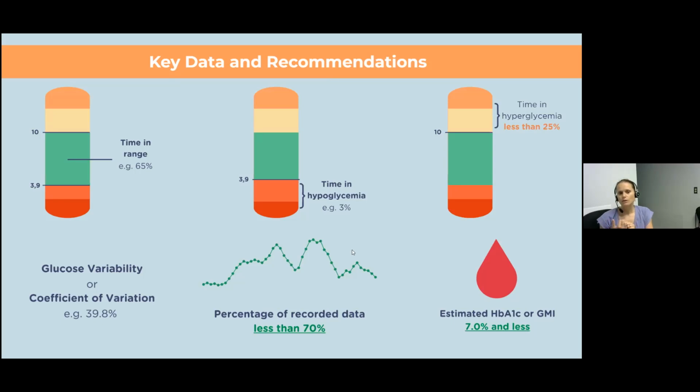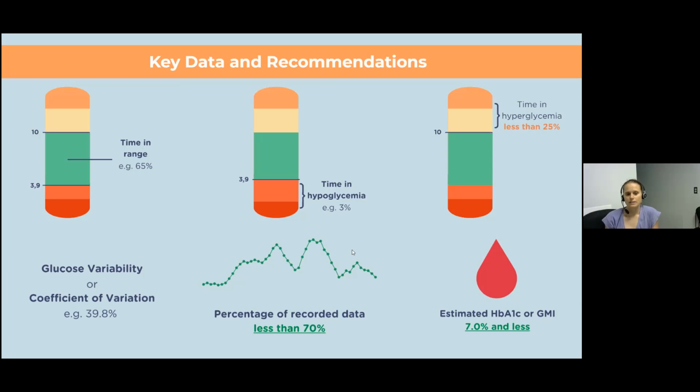As far as what the guidelines from Diabetes Canada recommend, your time in range, which means between 4 and 10 millimoles per liter, is going to be at least 70%. And then what we would like is that you spend less than 4% in hypoglycemia and less than 25% in hyperglycemia. So those are the clinical recommendations.